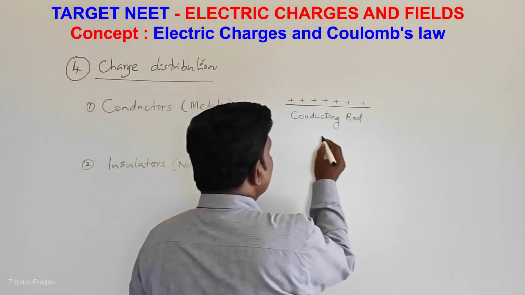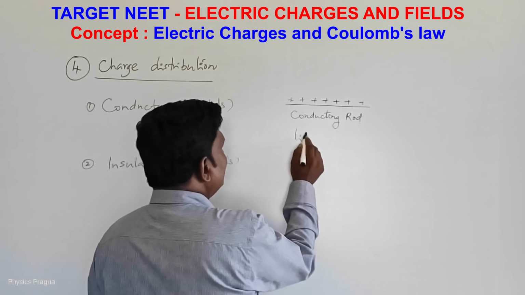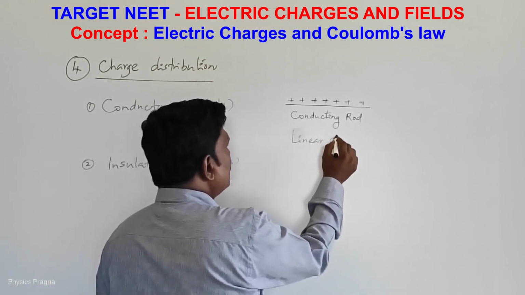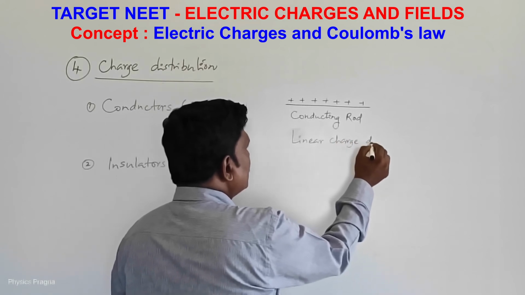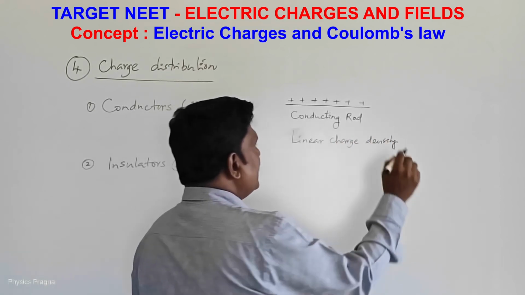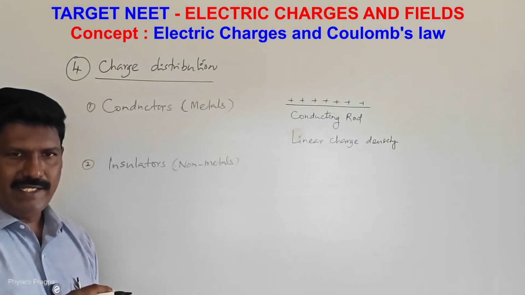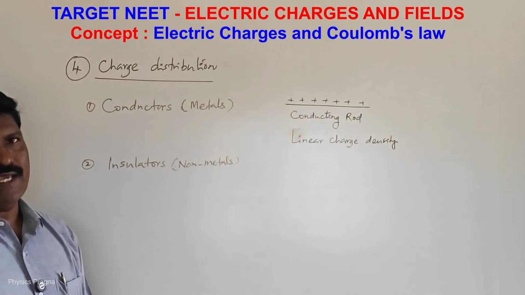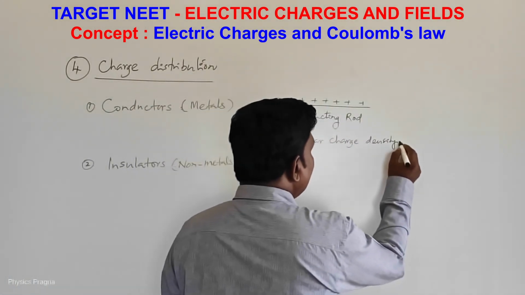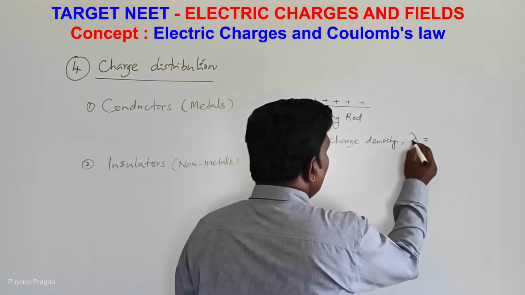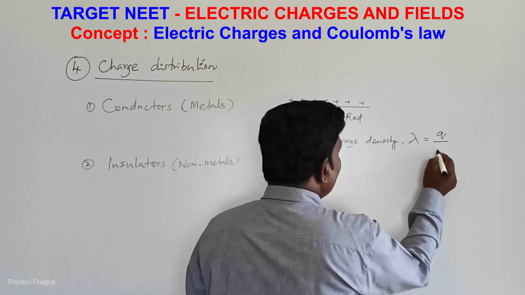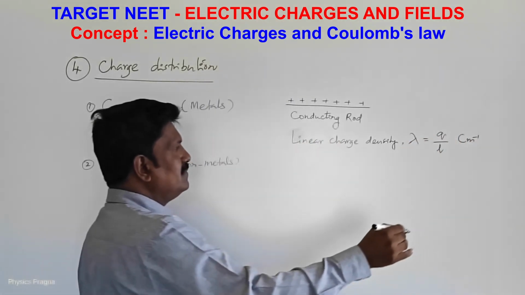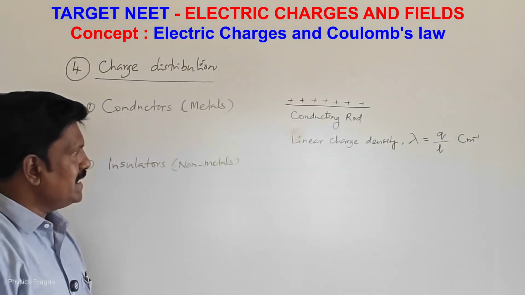The linear charge density. Whenever charge spreads, distributes along the length, we have to calculate the linear charge density. The symbol for linear charge density is lambda. The formula is charge per length. The SI unit is coulomb per meter.